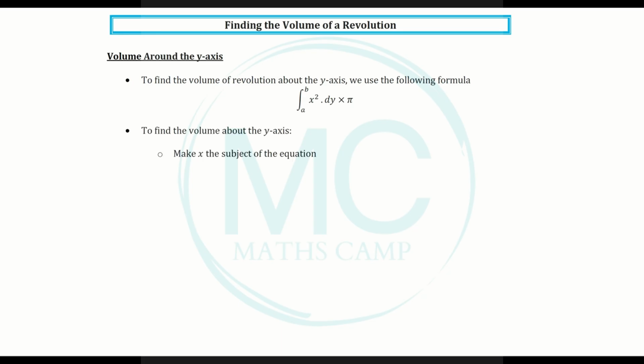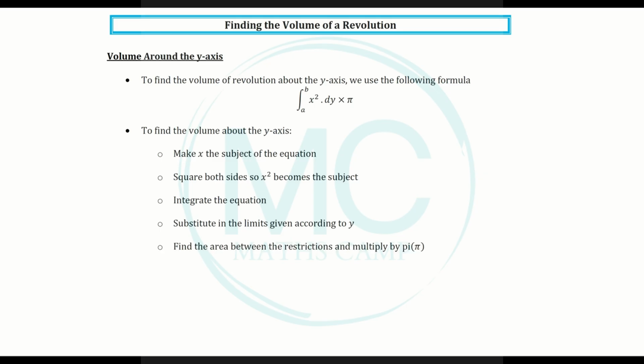To find the volume, we make x the subject. Then we square both sides, so we have a subject of x squared. Then you can integrate the equation and substitute the limits given according to y. Finally, find the area between the restrictions and multiply by pi.